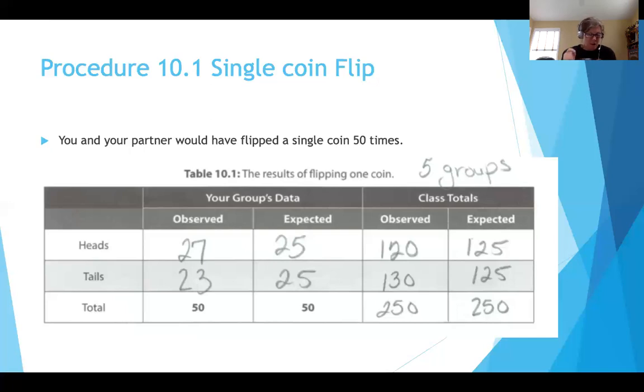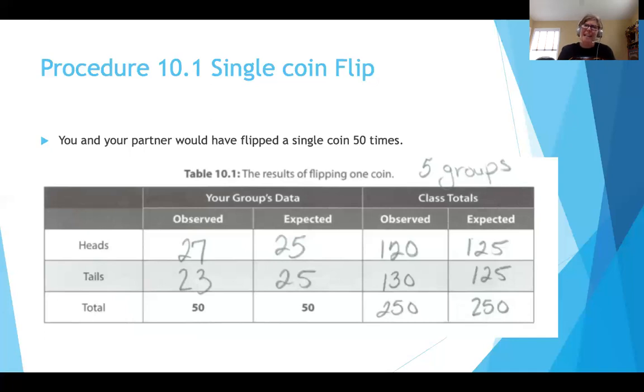Then it asks, are the class totals closer to your hypothesis? This is not a question that I would grade, and I don't grade the in-lab stuff anyway. I have times where the class total is much closer, and then I have another example where if your group got 25-25, you can't get any better than that. So it's really a probability issue.